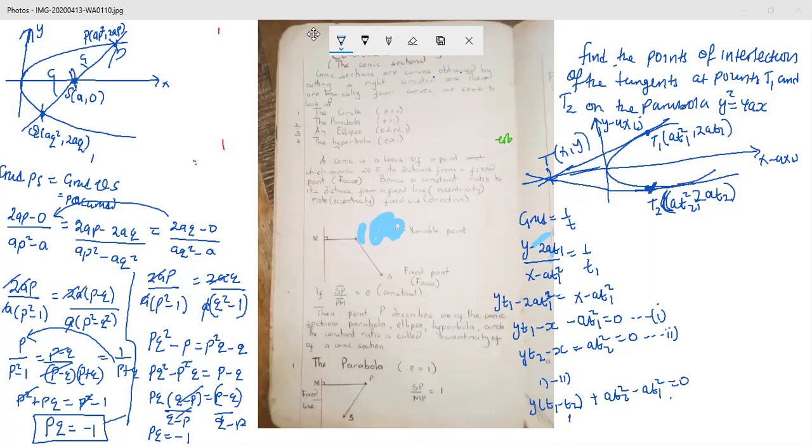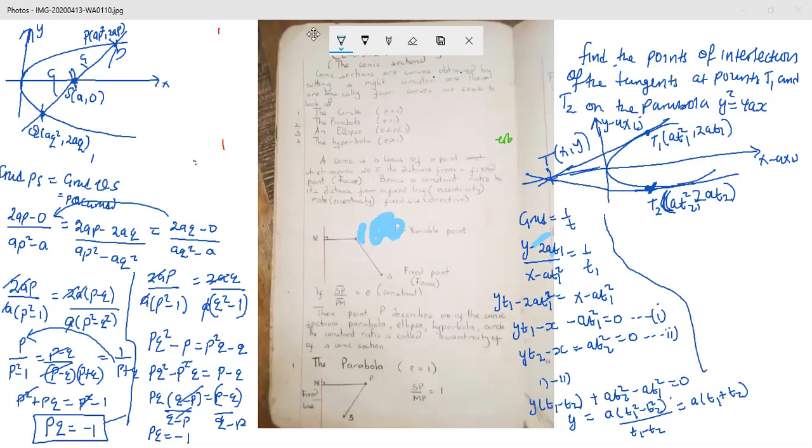Then we shall get y is equal to a into t1 squared minus t2 squared divided by t1 minus t2, which simplifies to a of t1 plus t2. That is the first part.